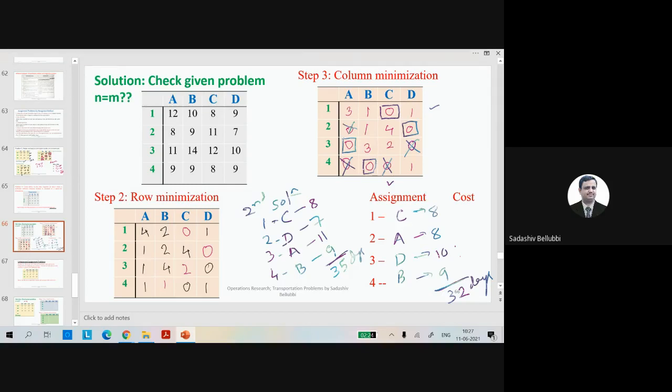That's why you need to check different answers or different solutions to be framed while solving the assignment problem. No, even this first solution is also 35 only. 8, 8 and 10, 8, 8, 10 is 26. 26 plus 9 is 35 only.